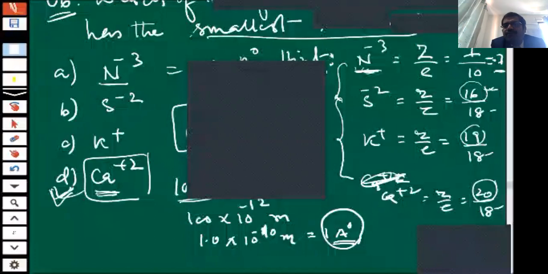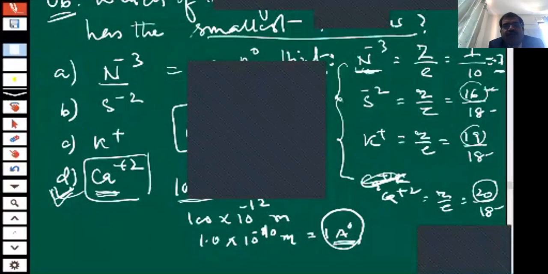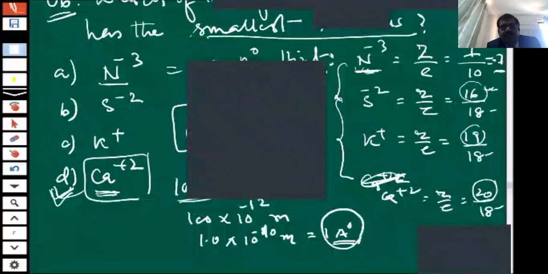And for calcium, I think it is 1.1, 20 divided by 18, 1 point something. So those who have high Z by E value will have less atomic radius or ionic radius, children.